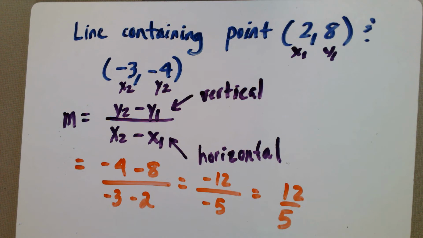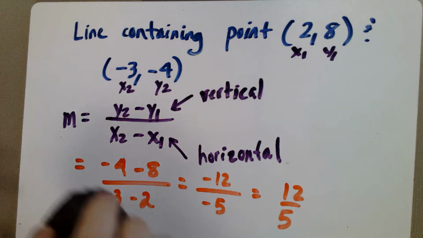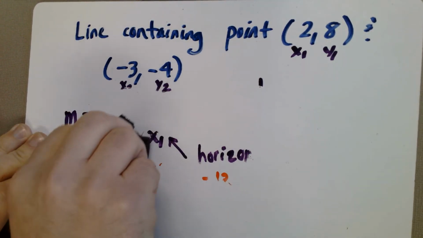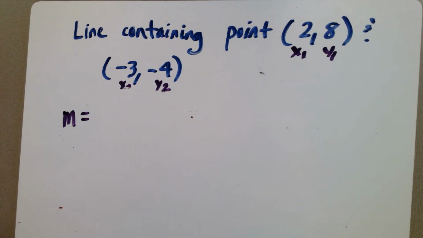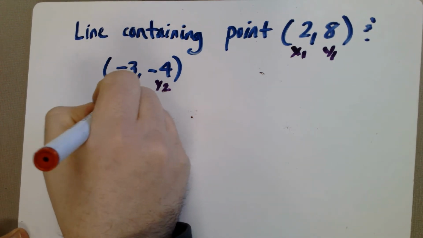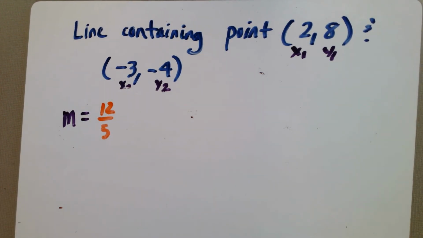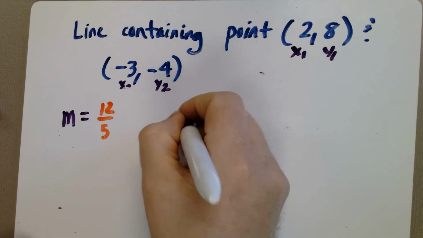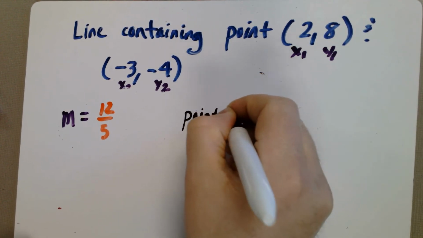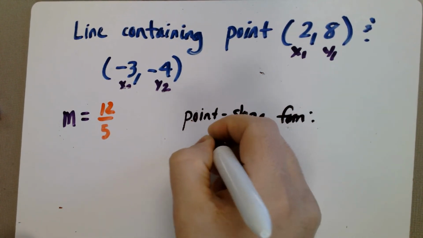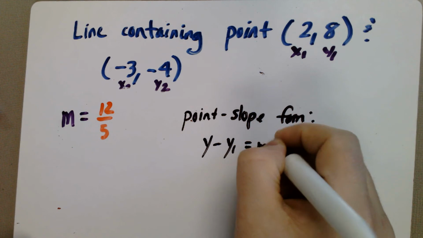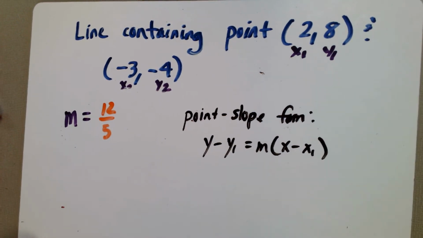So now we know our slope, right? We know our slope is 12 over 5. We found that. Now, if we know our slope, to find the equation of a line, we can use point-slope form, which, as a reminder, is y minus y1 is equal to m times the quantity x minus x1.